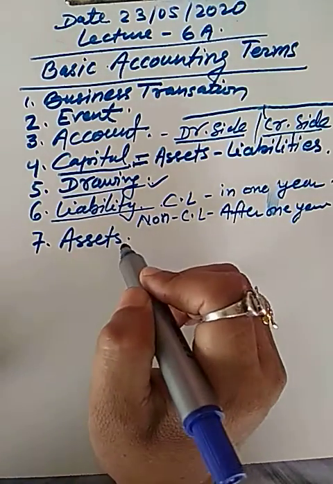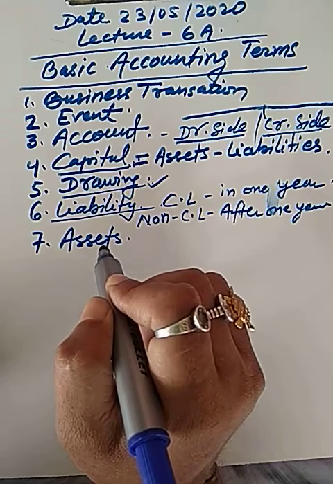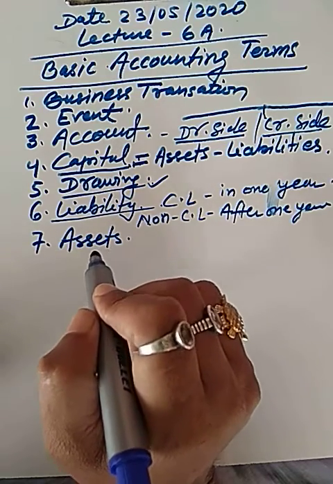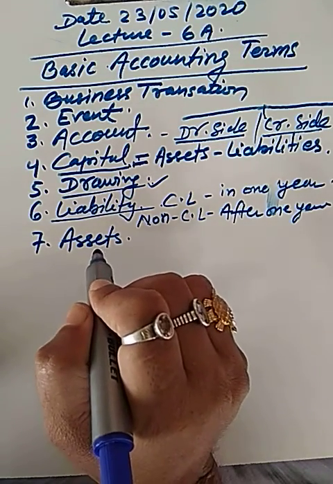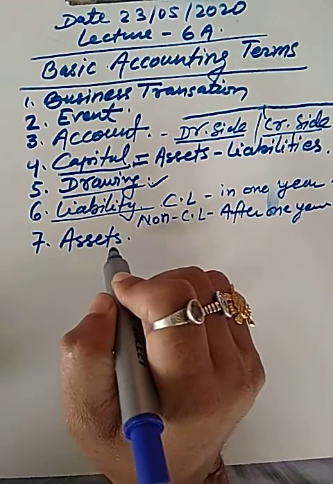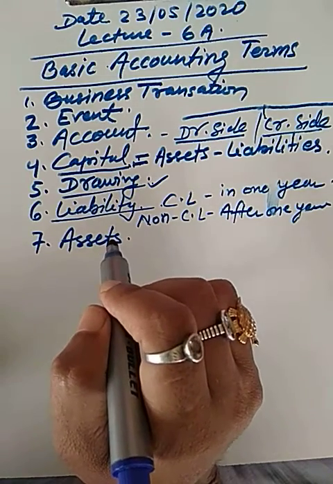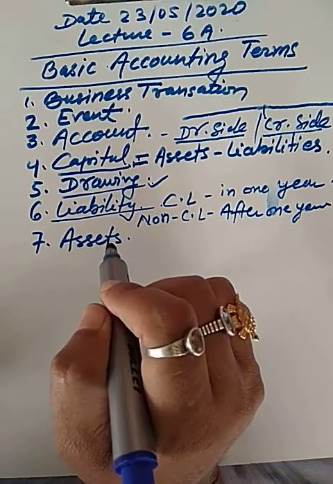Which support the business is called assets. For example, cash, bank balance, stock, furniture, machinery, land and building, bills receivable, debtors are all assets.